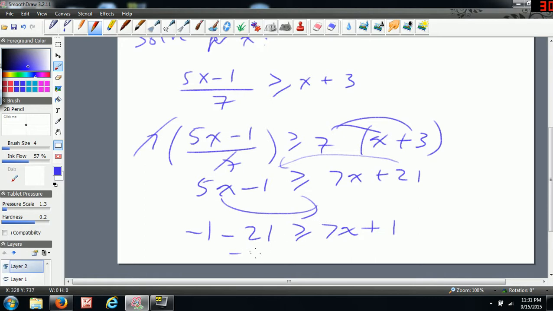Now we get negative 22 is greater than or equal to, wait a minute, what am I doing here? Sorry, just going to go back. That should be 7x minus 5x. So negative 22 is greater than or equal to 2x.